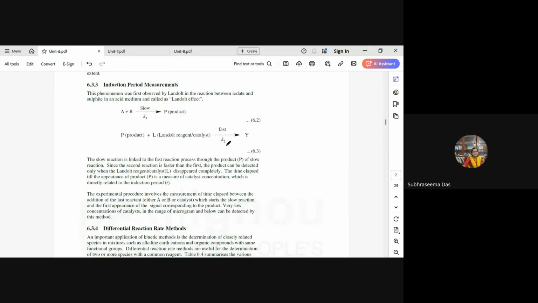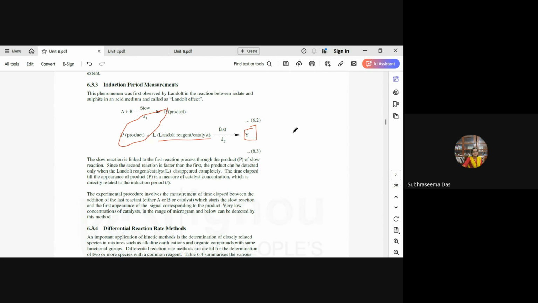Then coming to induction period methods. This phenomenon was observed by Landolt between iodide and sulfite, and this is called the Landolt effect. So what happens here is A plus B react slowly to form the product P. Now this product P reacts with the Landolt reagent in a very fast reaction to give us the final product Y. So the slow reaction is linked to the fast reaction through the product P. So here P is the common factor that links these slow and fast reactions.